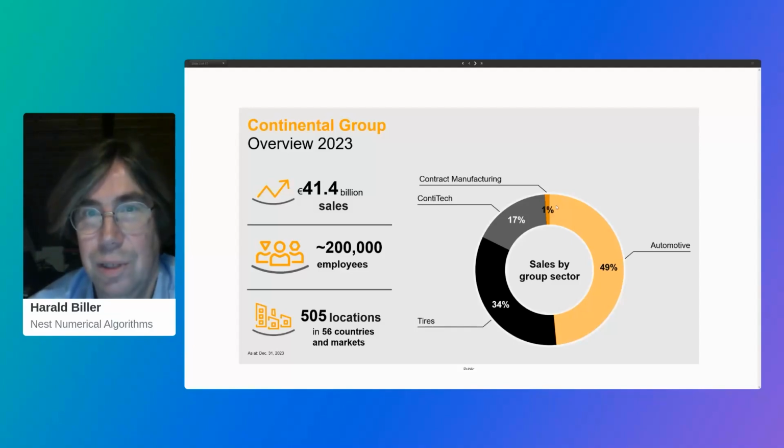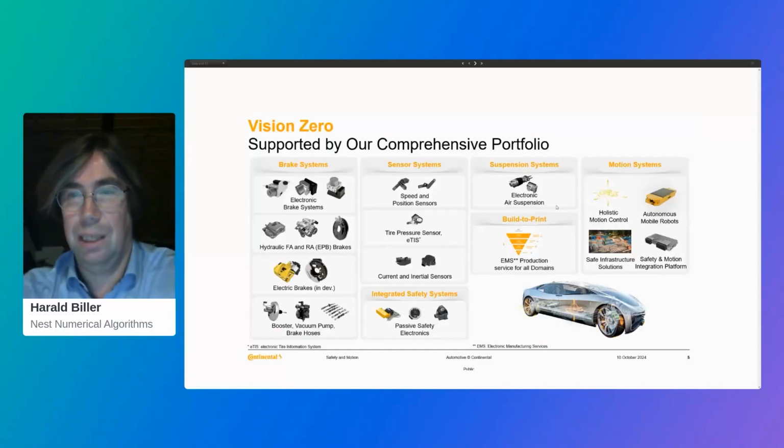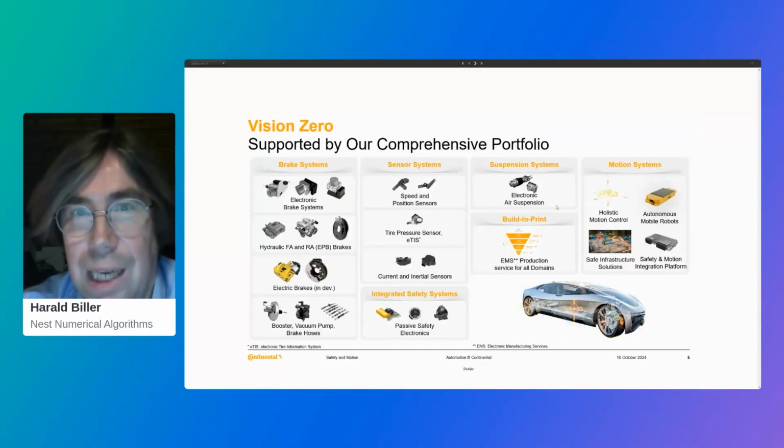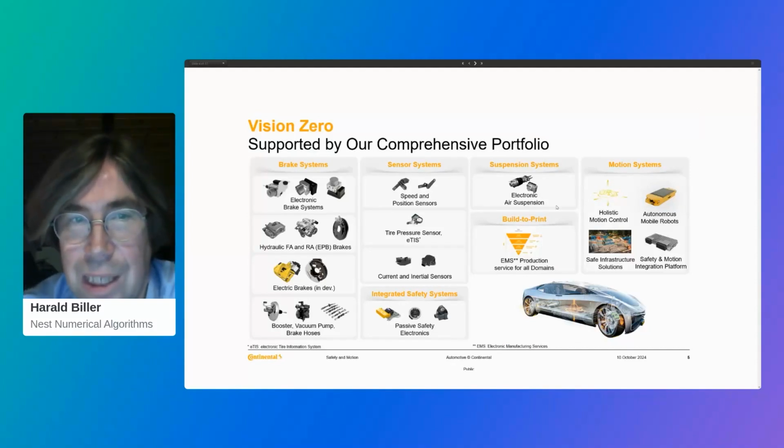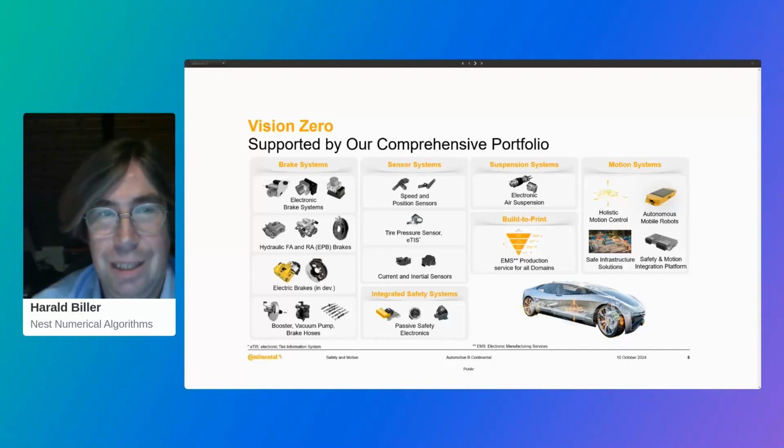And now to narrow down a bit to the brakes and driving dynamics and safety business area which I work in, this gives you an impression of what we do. So these are the brake controllers, which is actually where I am most involved.